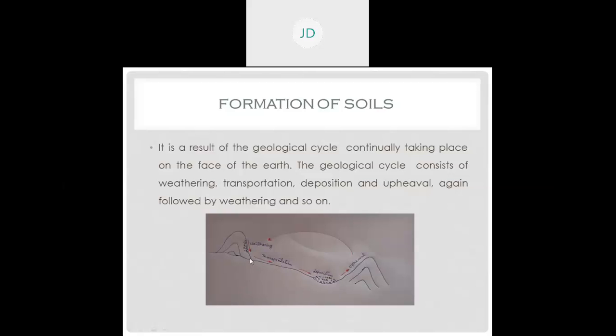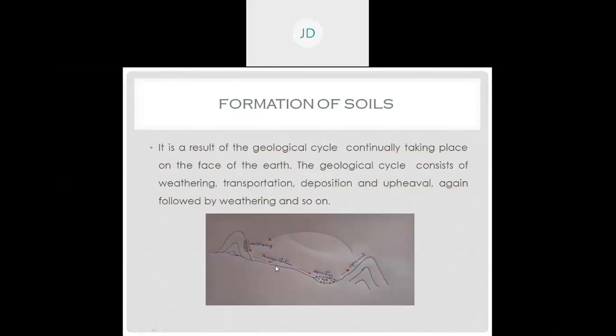This part is at a higher elevation with respect to this point, so automatically particles will move toward the lower gradient because of gravity. So how many transportation modes have we got? Four: air, water, ice, and gravity.